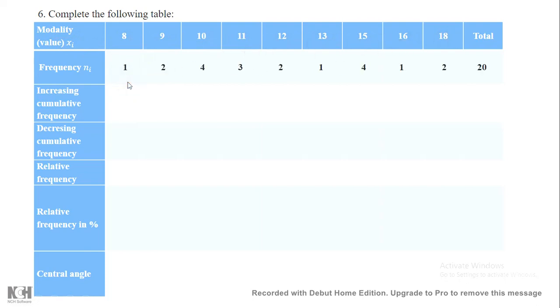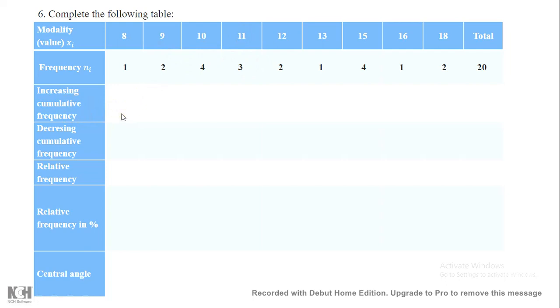The frequencies are as given, and the total is 20. The frequency, as we said before, is the number of occurrences. So the grade 8 occurred once, so 1 student has a grade 8. Let's say 3 students have the grade 11. Increasing cumulative frequency.